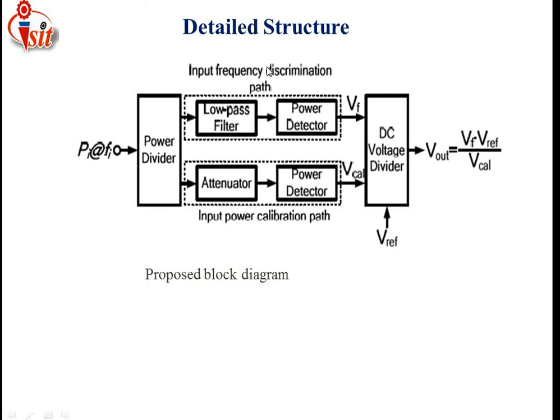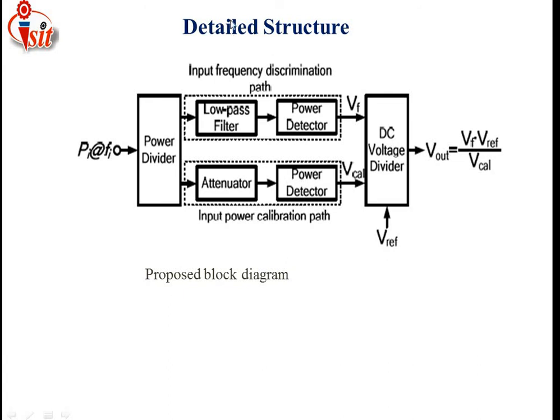This is the input frequency discrimination path. Then what about the input power calibration path? In it, the power divided by the power divider is secondly applied to the attenuator, which attenuates the signal, and the remaining signal is forwarded to the power detector.